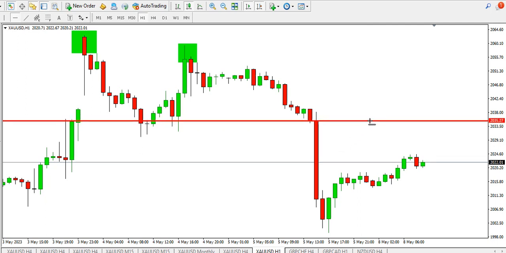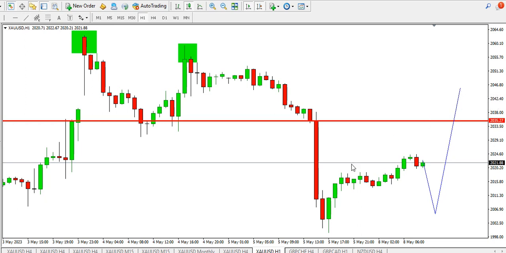So if we have a failure, if this particular area refuses to go higher and price dips, we might have a double bottom for the candle to be eventually filled.